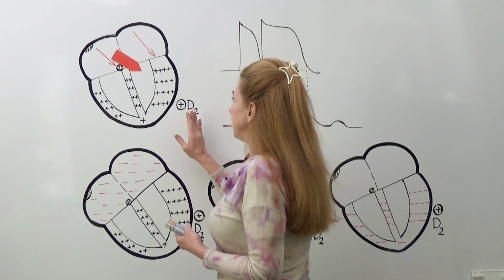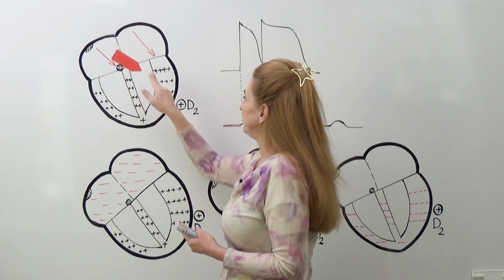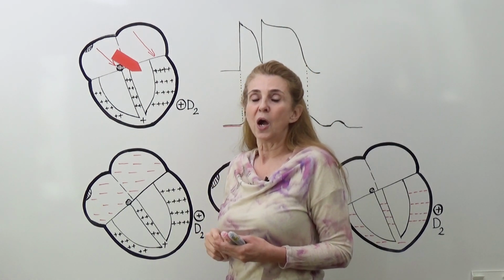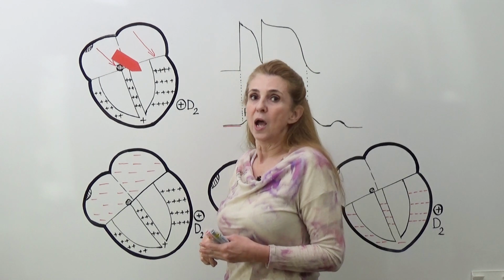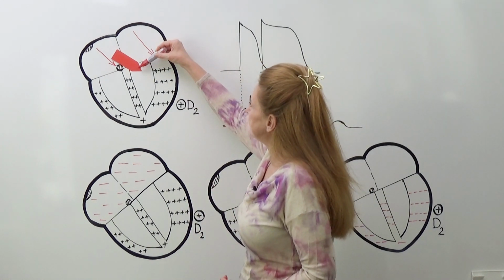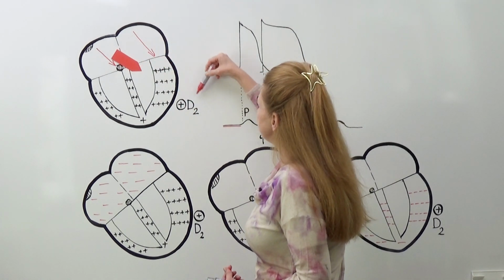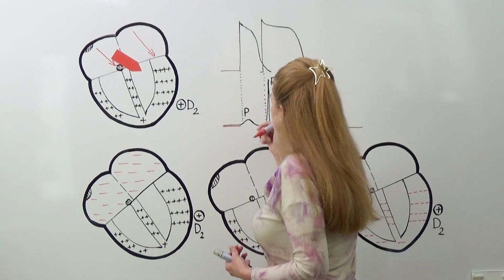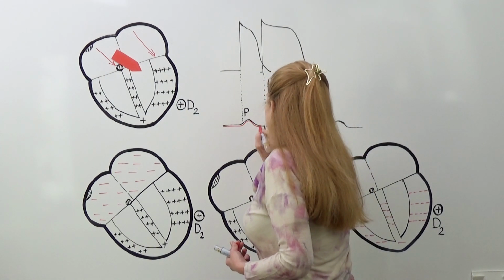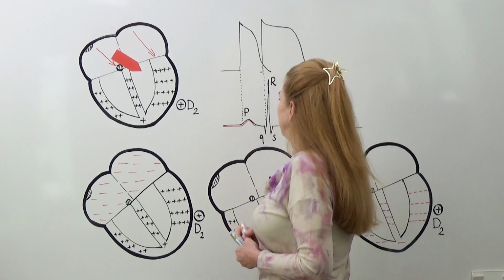The basic electrocardiography rule says that if the positive end of the dipole is close to your positive electrode, you are going to get a positive recording. So we can easily see that this dipole here, the P vector, the tip of it is close to our positive electrode, and therefore electrocardiography is going to record a positive P wave.